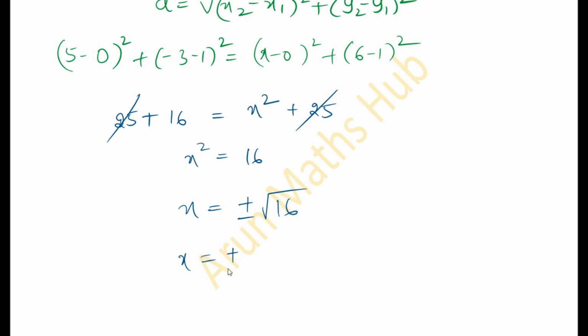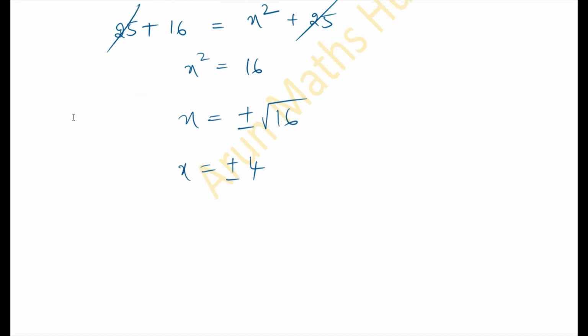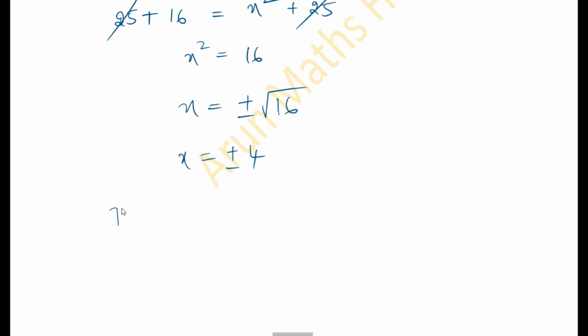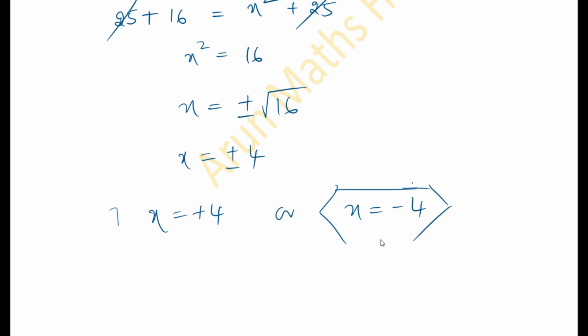Therefore, x equals plus or minus square root of 16, which is 4. Therefore, we have got x value as plus 4 or x value as minus 4. What is the next step you need to do?